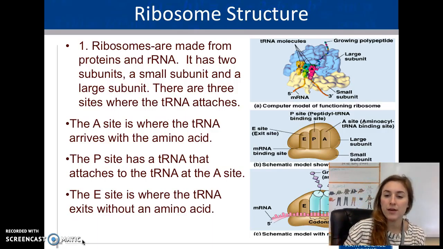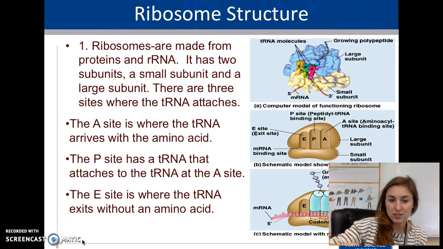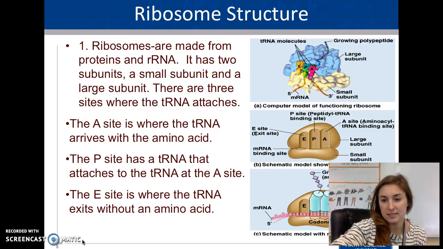If we look, we have the A site, the P site, and the E site. Basically, the A site is where the tRNA arrives with the correct amino acid. The P site has the tRNA that attaches to the tRNA at the A site, and the E site is where the tRNA exits.